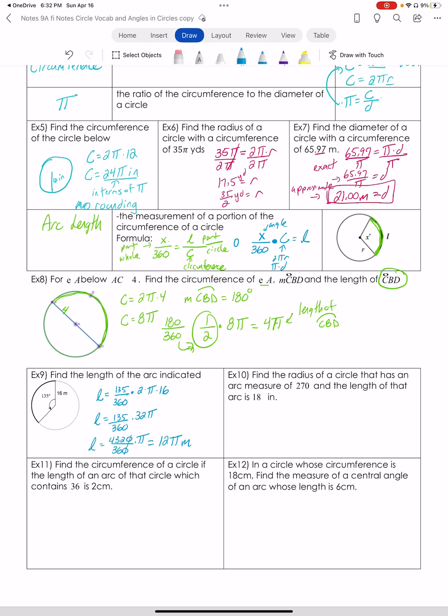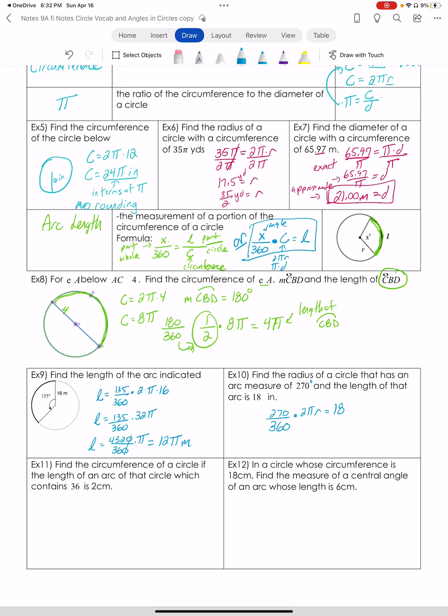Okay, so example 10. I think this is going to be less confusing. Find the radius of a circle with an arc measure of 270 degrees. So we know the measure of the arc is 270 over 360. We don't know what the radius is, so we're going to do 2 pi r is equal to, and I know the length of the arc is 18 inches, so we're going to multiply this out.